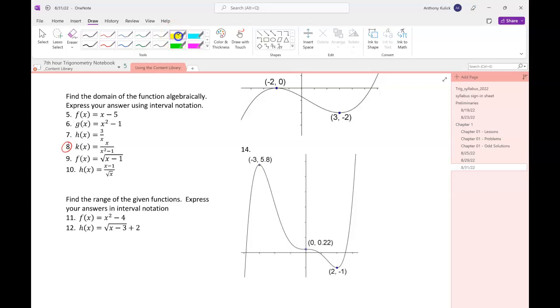If I see division, what I care about is taking the denominator and setting that not equal to 0. Okay with that? Do I see any radicals? No. So this is the only thing I have to worry about, and I just need to solve this equation.